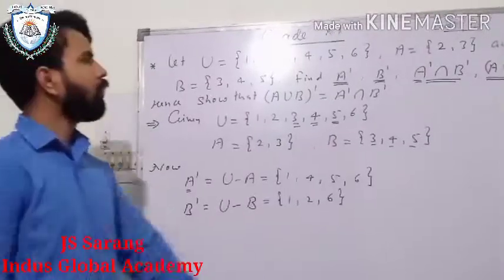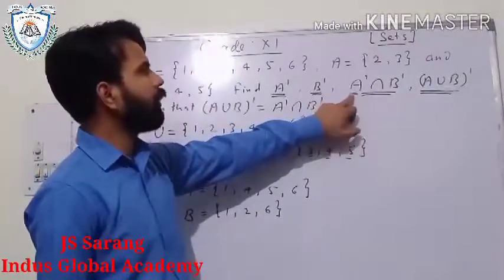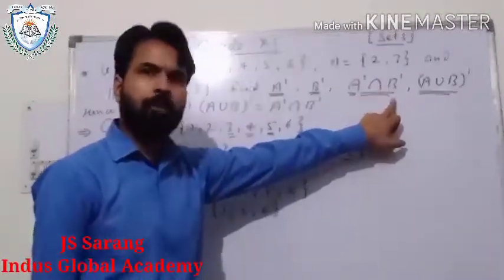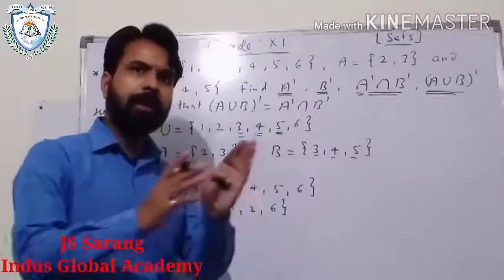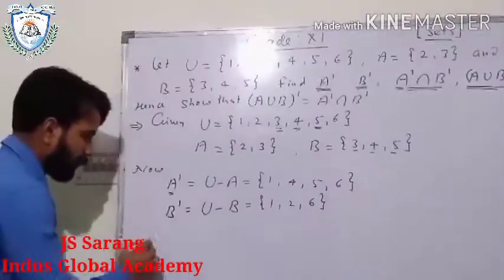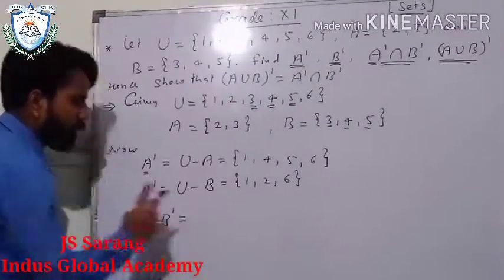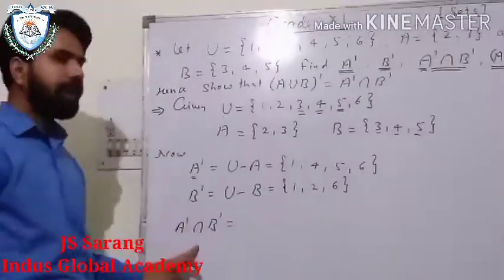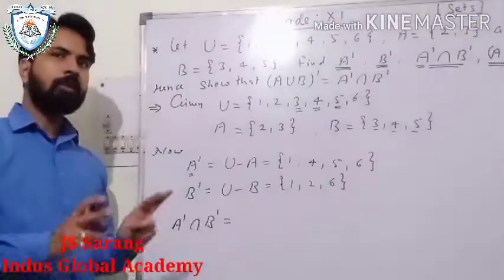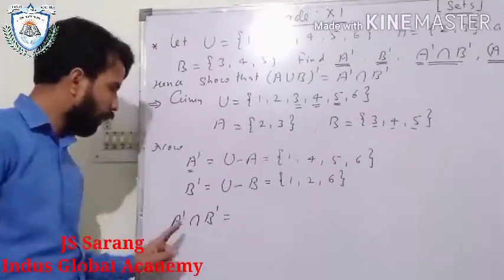Understood? Now the question is saying find A complement intersection B complement. For finding the intersection, we have to take the common elements of both the sets.